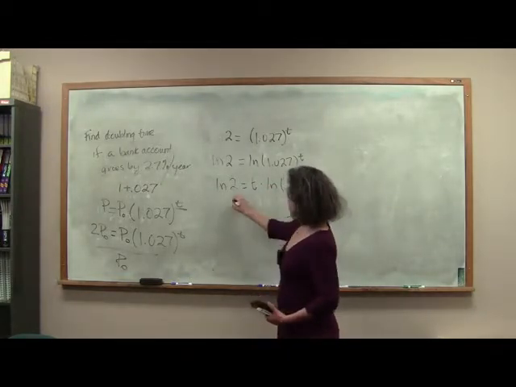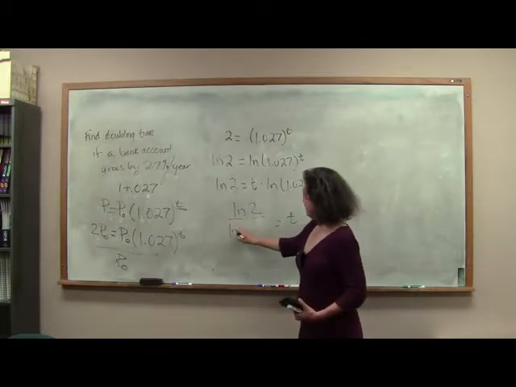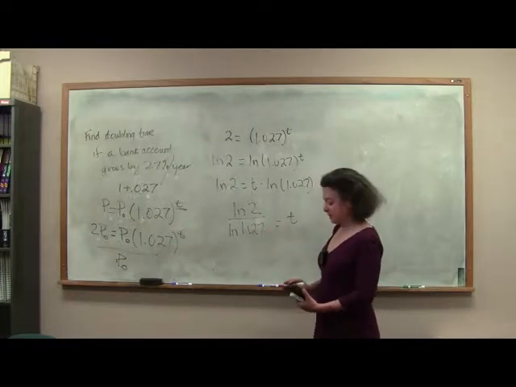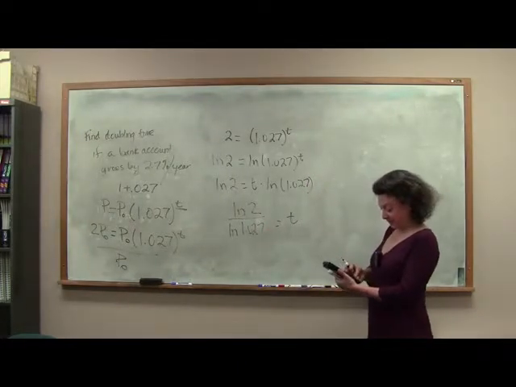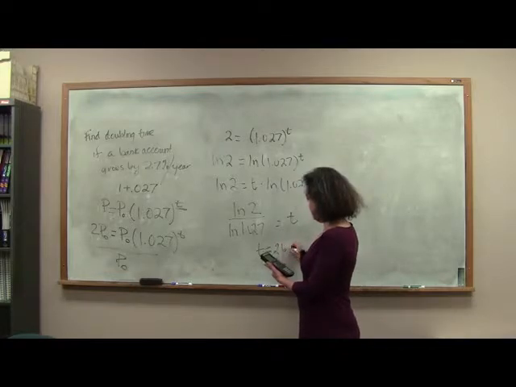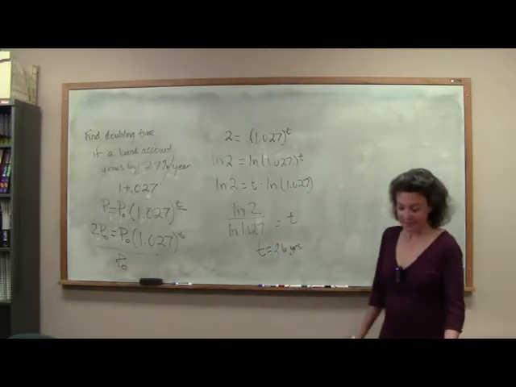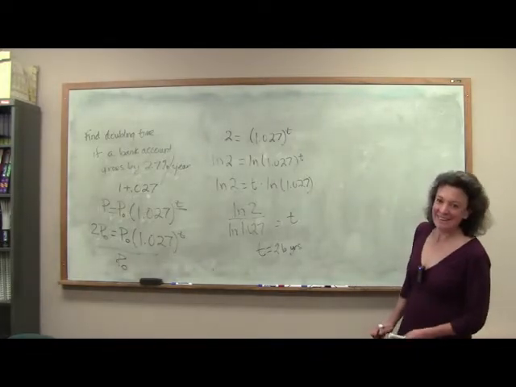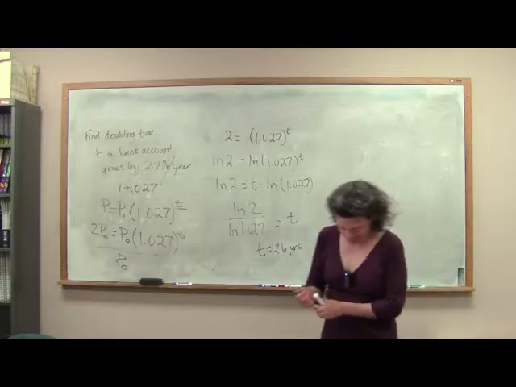So I claim to get T all by his lonesome, I take the natural log of 2 and I divide both sides by the natural log of 1.027. And in case you care, it's about 26 years. I hope you have a long time. It's going to take 26 years for your bank account to double.